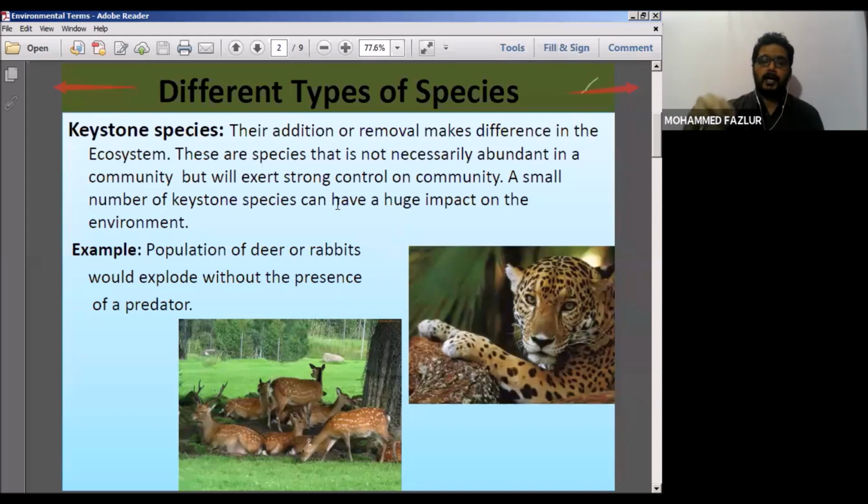More tigers will start eating these deer. When they start eating these deer, the number of deer will reduce. If the number of deer reduces, there is an imbalance in the food chain. That means the lowermost trophic level, the green plants or grass, will increase very drastically.